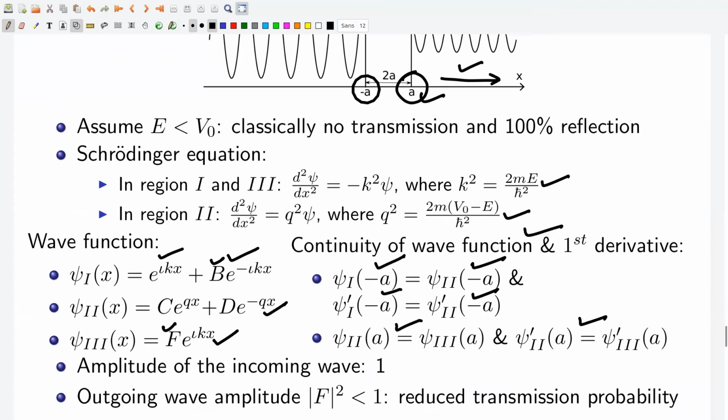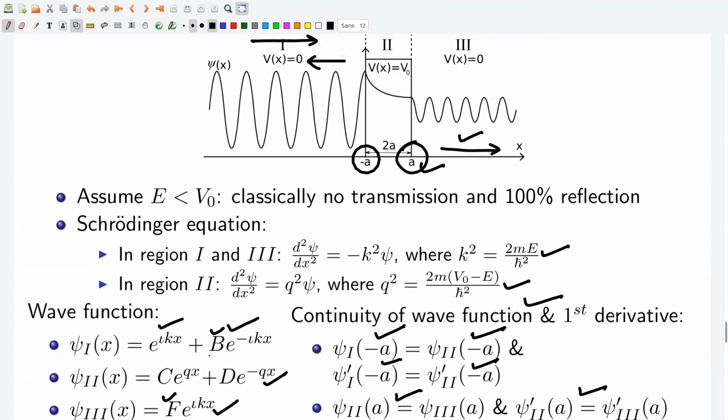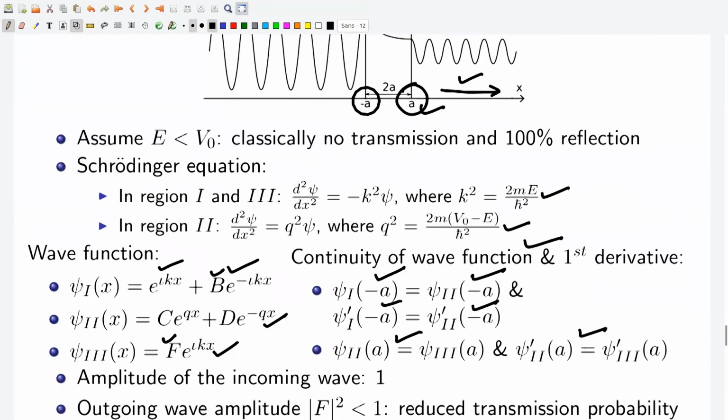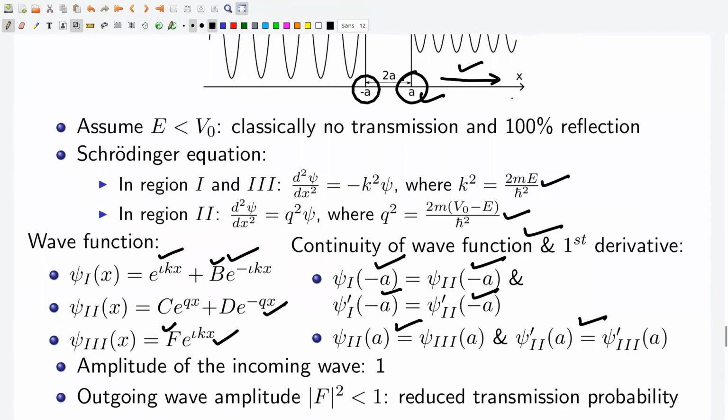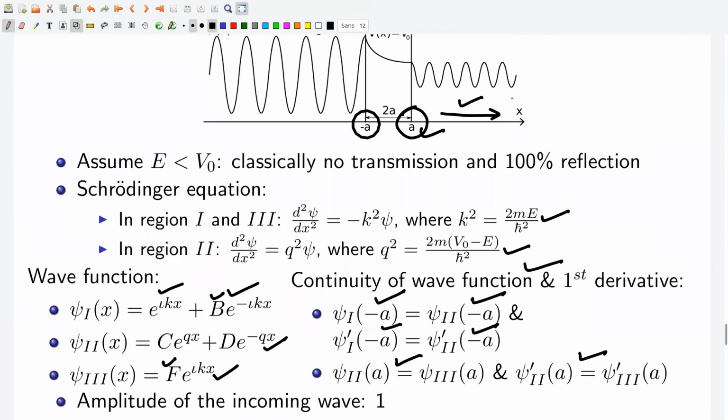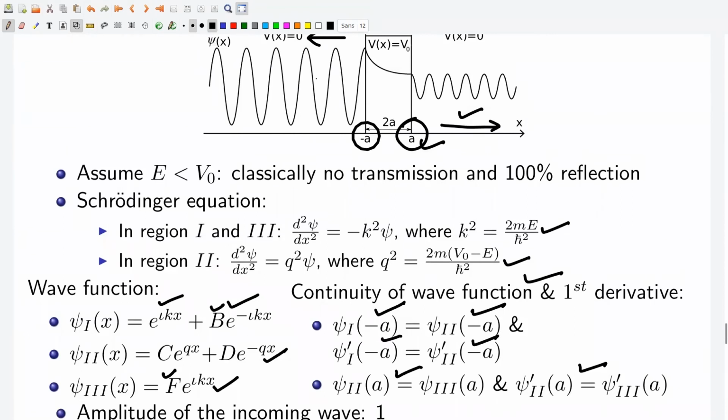And then we expect this to be less than 1. How much less, we don't know so far. You see in this diagram, the amplitude of the transmitted wave reflects the transmission probability, so this has to be less than whatever was there for the incoming wave.